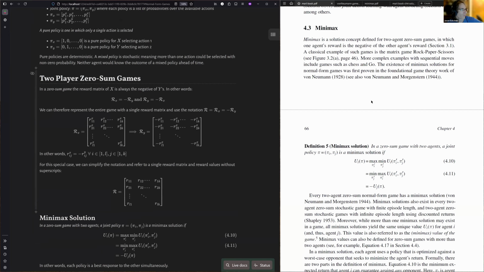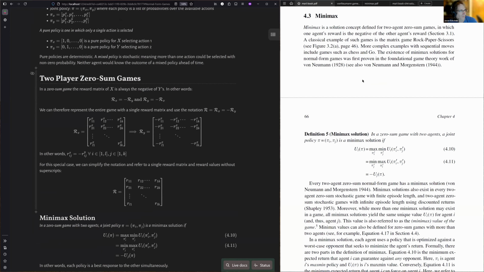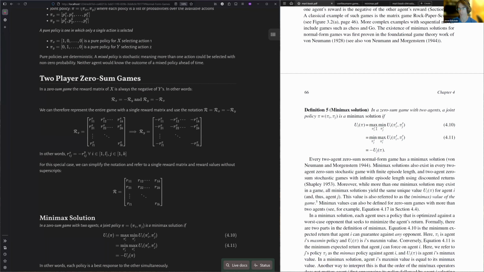I believe that the Minimax theorem proves that this solution, which is defined here, exists in every 2-agent zero-sum game. So this was proven in 1944, but the proof is an existence proof. But really, what's important about it is the concept of what the solution is.